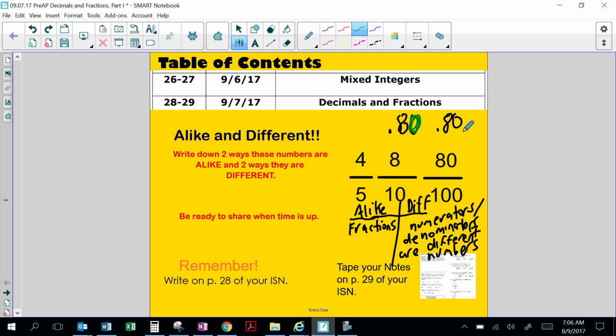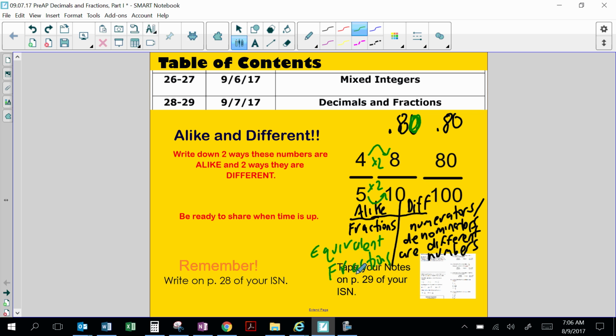What about 4/5? Can I build the relationship from 4/5 to 8/10 by 2? So 4/5 is equivalent to 8/10. So they're all equivalent. That's what I can say alike. They are equivalent fractions. So 4/5, 8/10, 80/100ths are fractions, but being more specific, they are equivalent fractions.